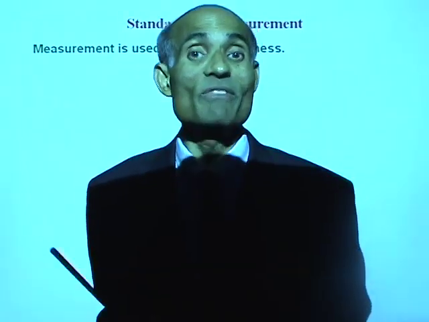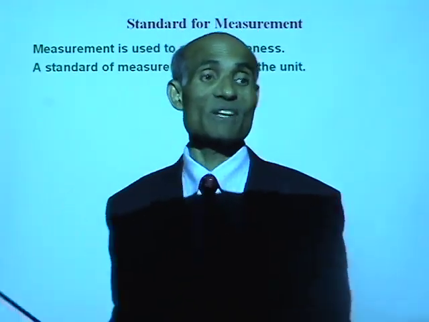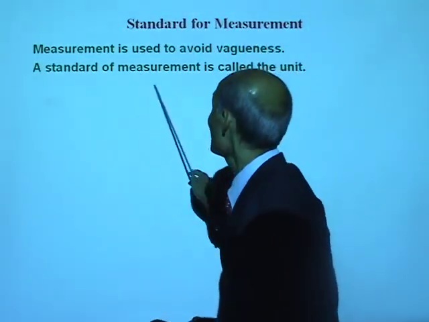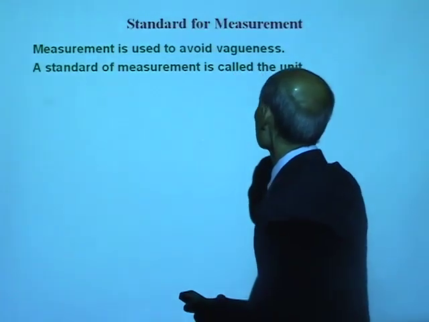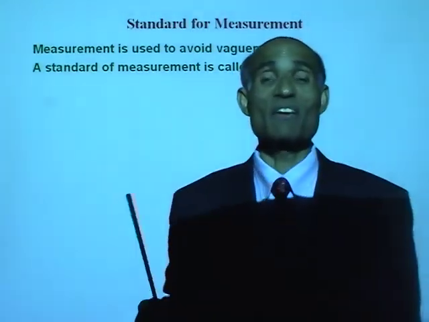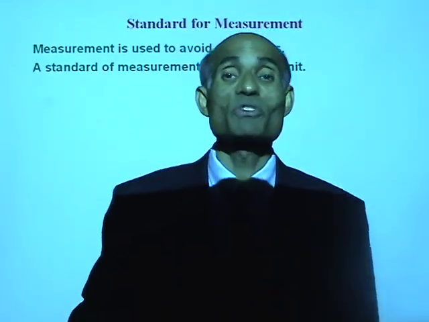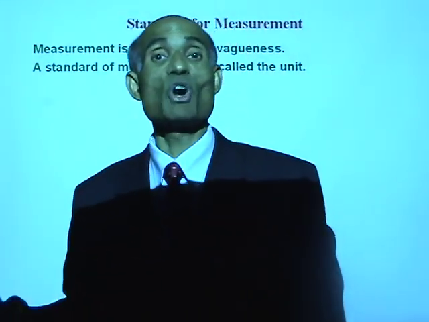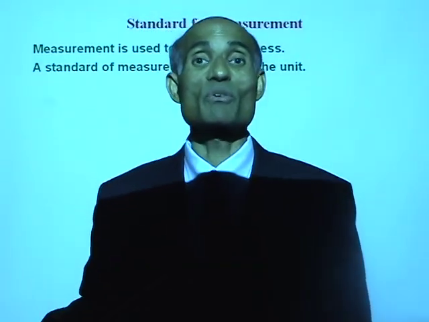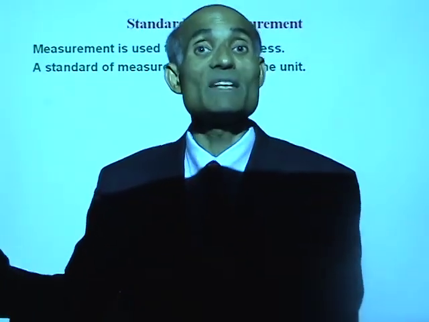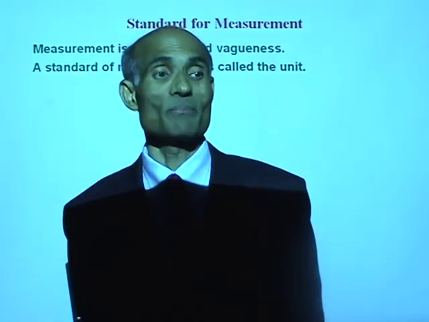To avoid vagueness. We must be precise in our measurement. A standard of measurement is called the unit. A standard used in measurement is called the unit. The unit of currency in America is a dollar. The unit of currency in Japan is a yen, and so on.